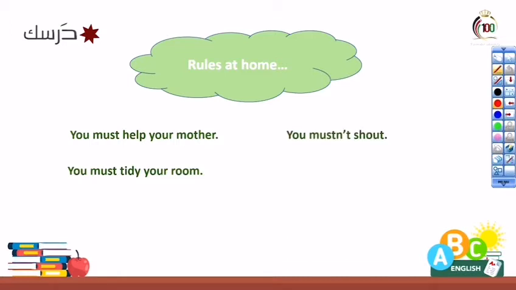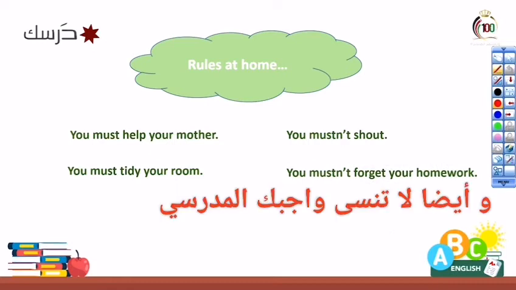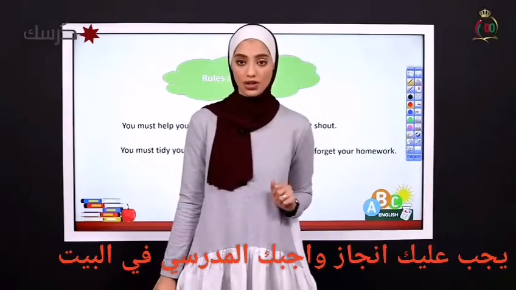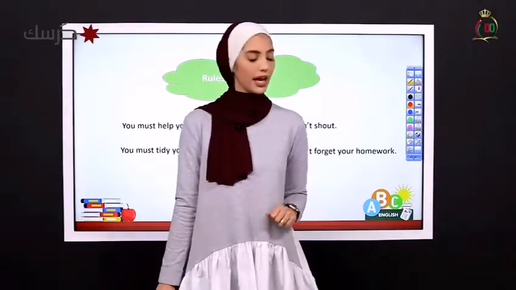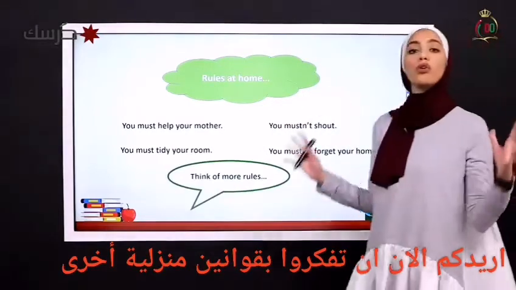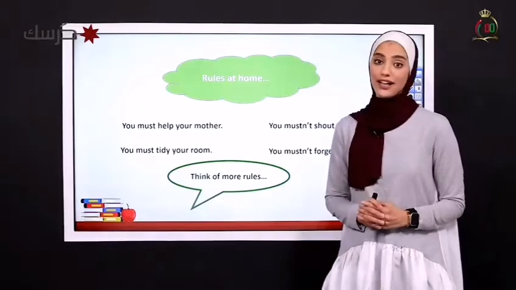You mustn't shout. Can you shout at home? You mustn't shout at home. And you mustn't forget your homework. If you have your homework, you must do it at home. You must, okay? Now I want you to think of more rules to do and follow at home, okay?